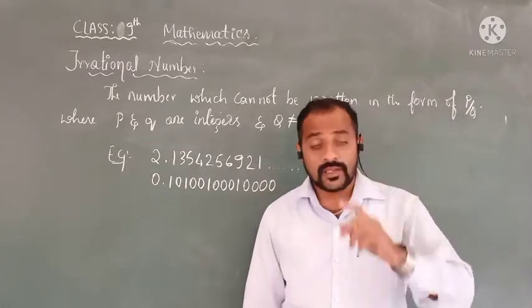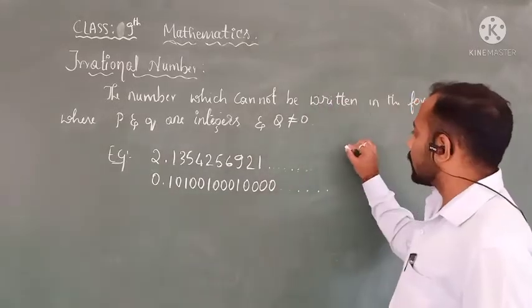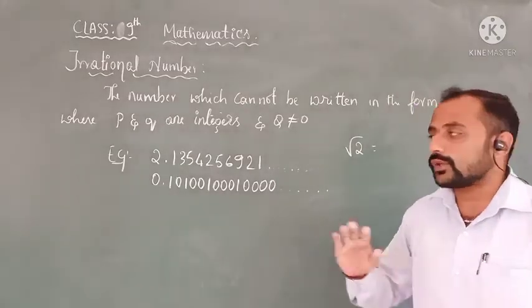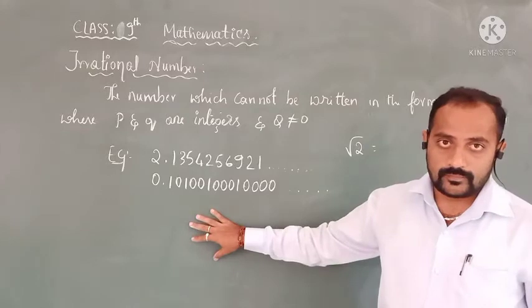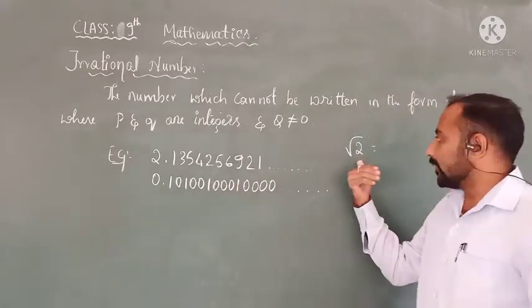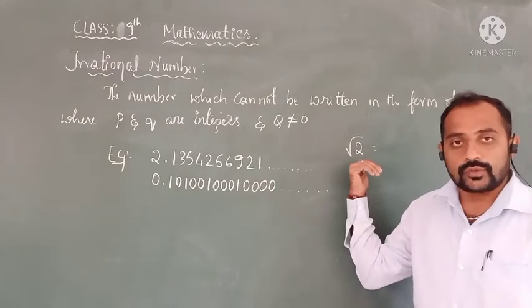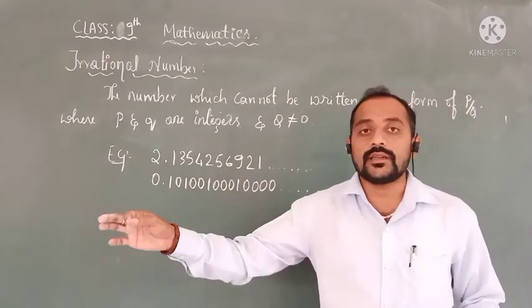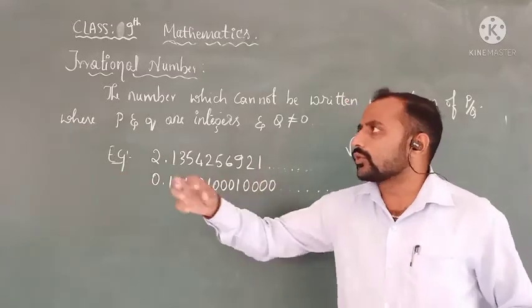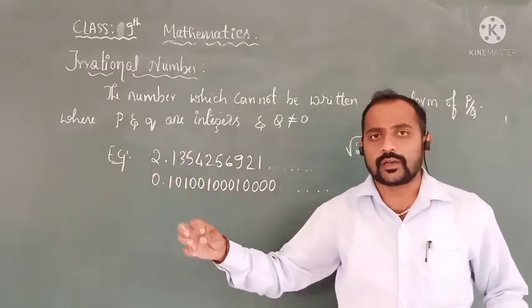You know the square root of 2. The value of the square root of 2 is also like this. The decimal we get when we take the square root of 2 goes on and continues.